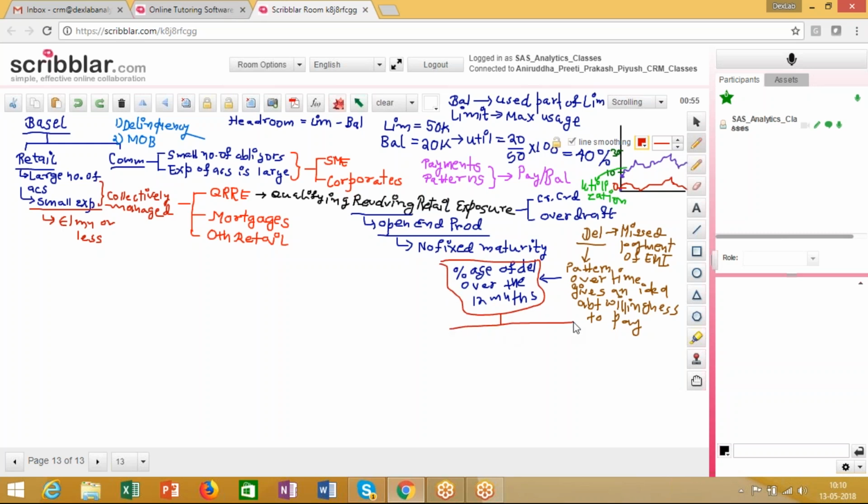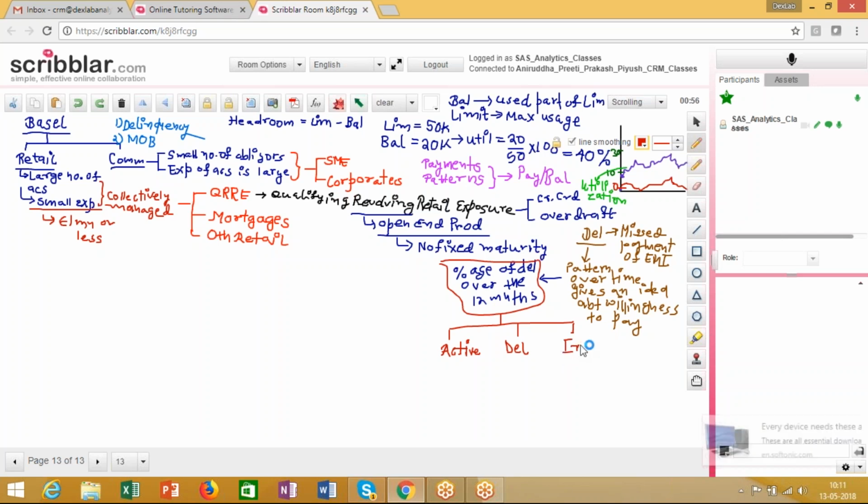One is active, by which I mean active non-delinquent accounts. The second segment is the delinquent segment, which is the risky segment. And the third segment is generally the inactive segment.